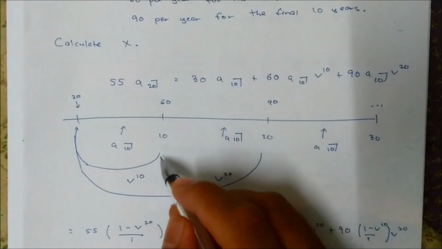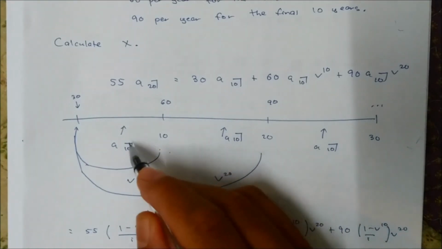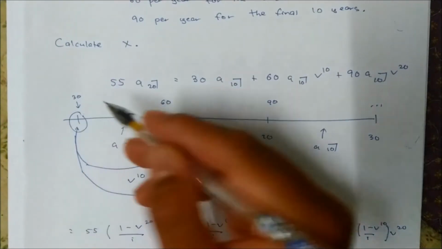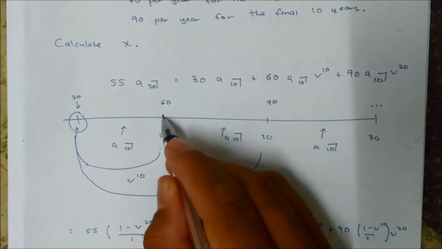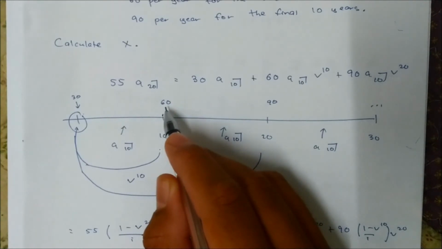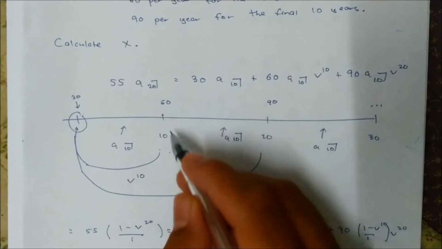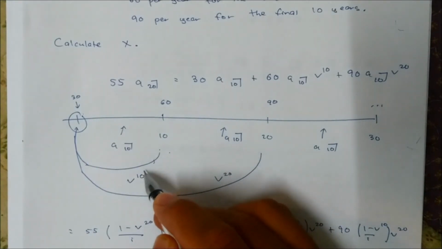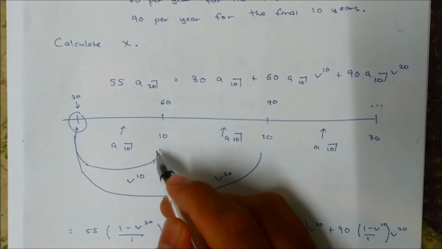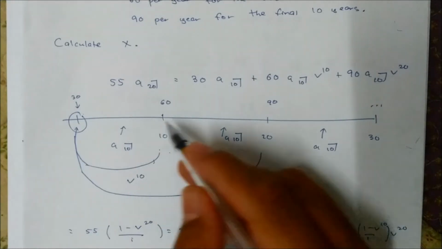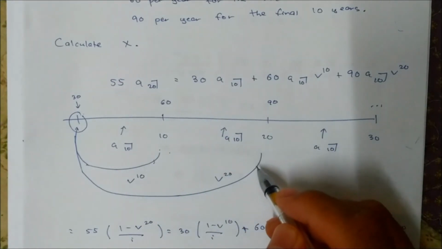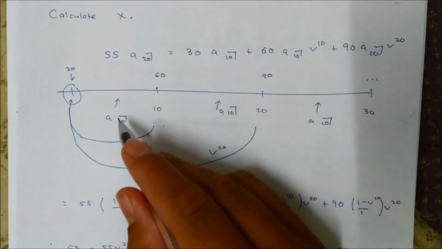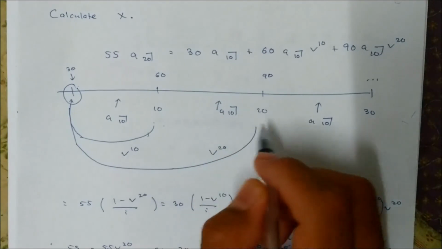So when we carry forward, we will set here as our focal point. From the payments of $60 to the payment of $30, there will be v^10. For 90 also, there will be v^20 for each of the annuity series.